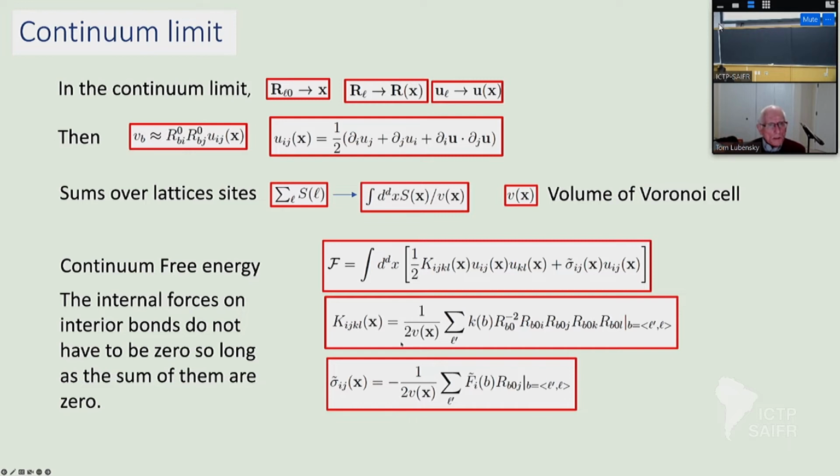Now, what is peculiar about this treatment is that when you calculate the K_ijkl, the elastic tensor, it has the 1 over v(x), which came from changing the L to a volume, the spring constant of each bond, times a tensor, which is R_B0i, R_B0j, R_B0k, R_B0l.